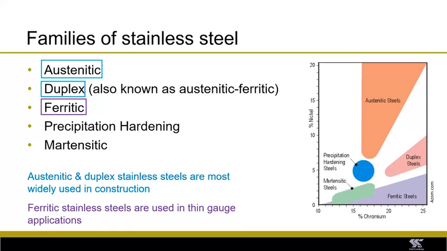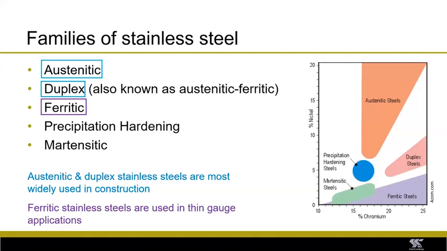And then the last 2 families, precipitation hardening, PH steels, they're very strong indeed, and they're used often for high duty rod, bar and fasteners for the aeronautical industry. And finally, martensitic stainless steels. They are also high strength, used in valves, knife blades and dies.